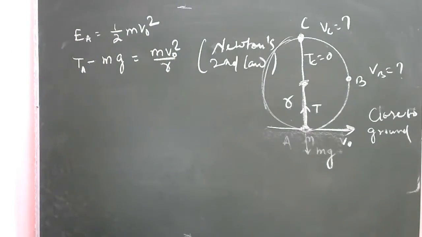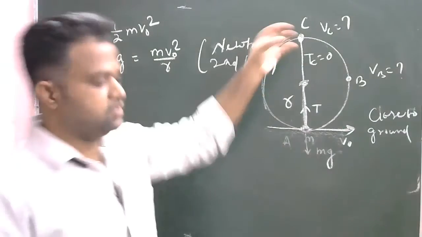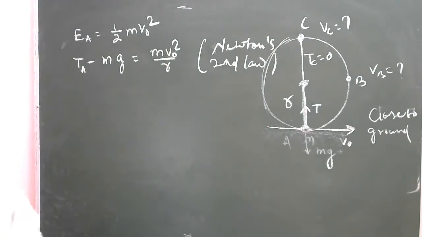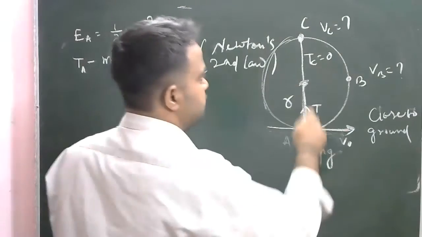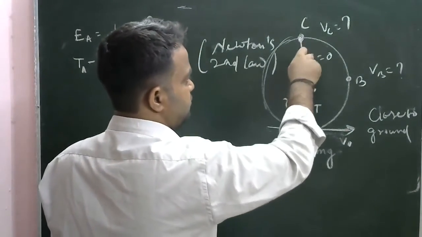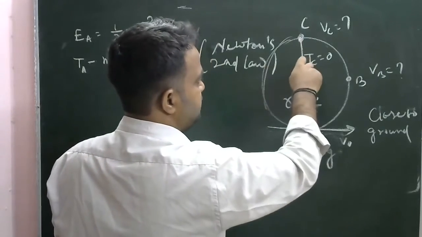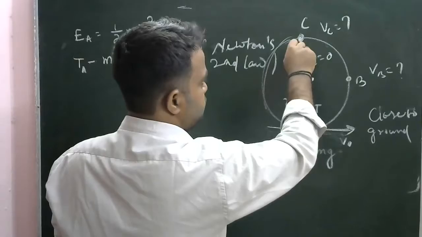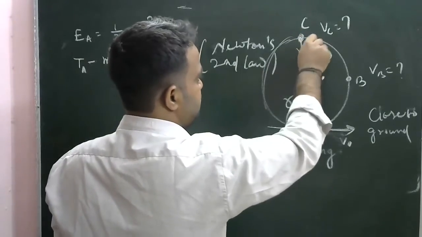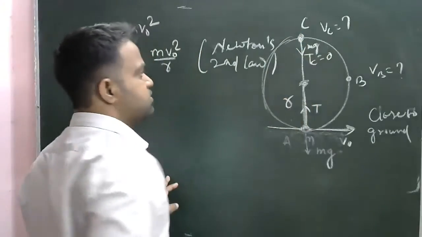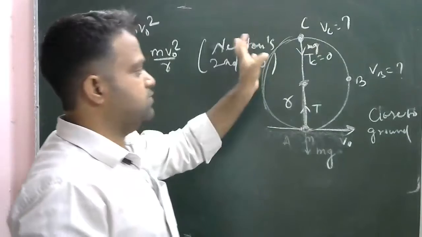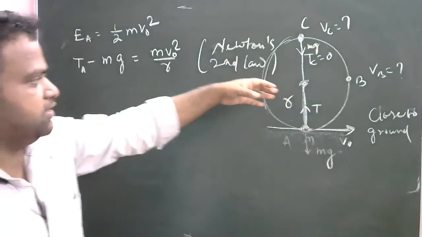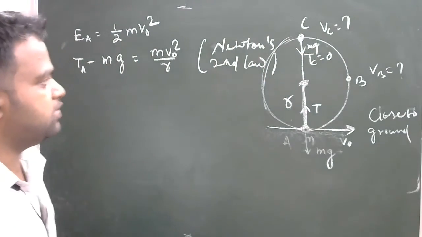So if Tc is approximately zero, who is providing the centripetal force for the necessary circular motion? Here mg will be downward. Though T is zero, mg is keeping this object in the circular track.